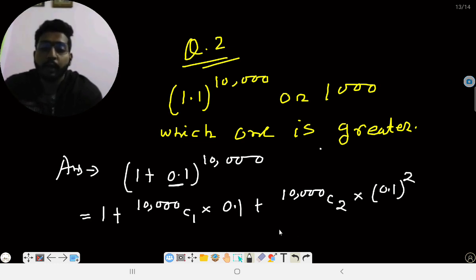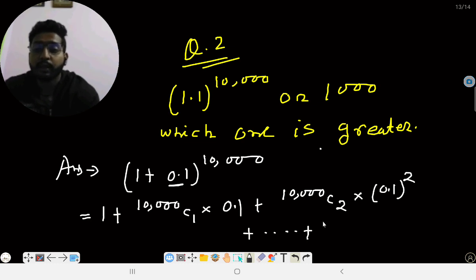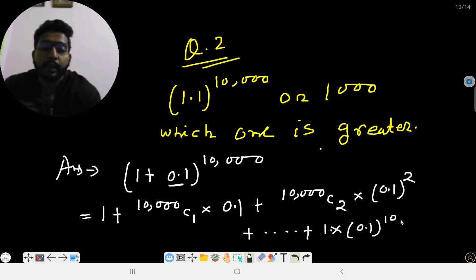And like this again 10,000C3 0.1 whole cube and so on. The last term will be 10,000C10,000, and nCn the value is 1, into 0.1 whole to the power 10,000, like this.